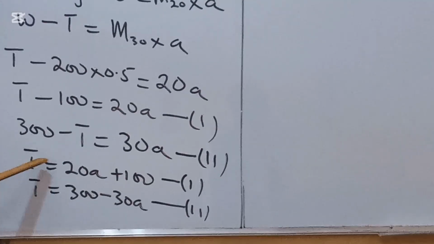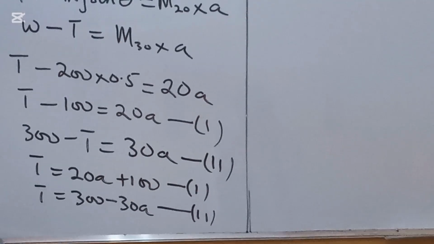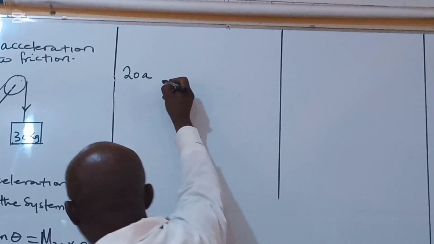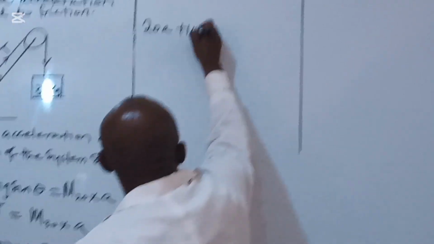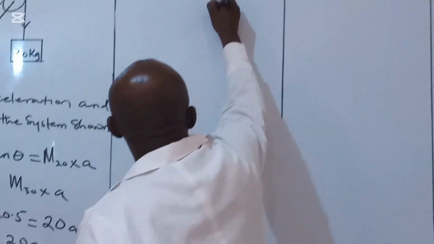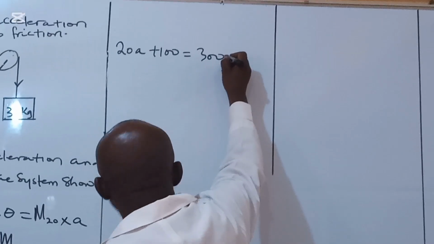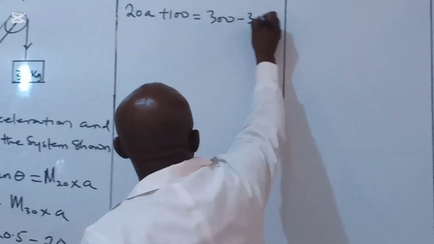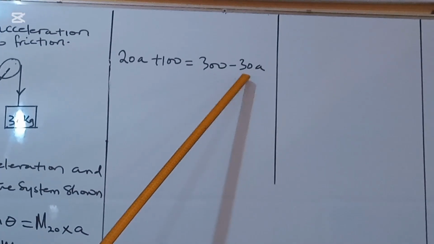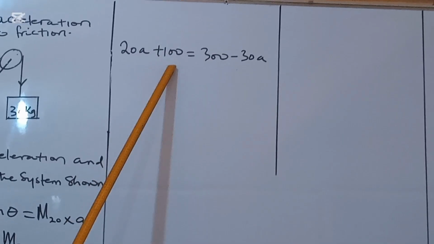Now, therefore, T is equal to T. So I will say 20A plus 100 is equal to 300 minus 30A. Can I bring this to this side and take 100 to this side?